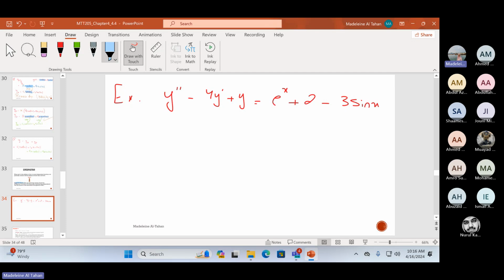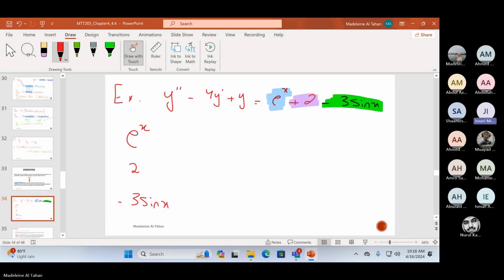How many different functions in g of x do we have? We have e^x, we have 2, and we have negative 3 sine x. Right, miss? Yes.